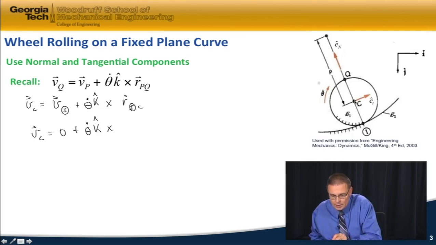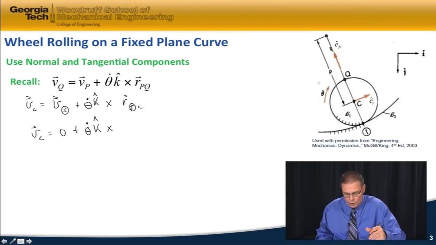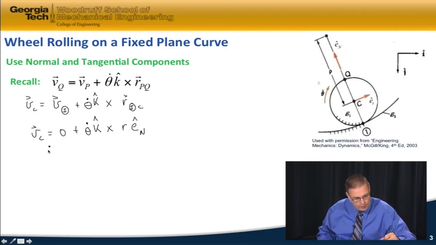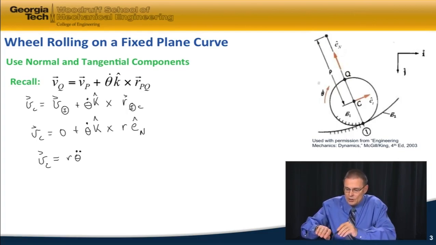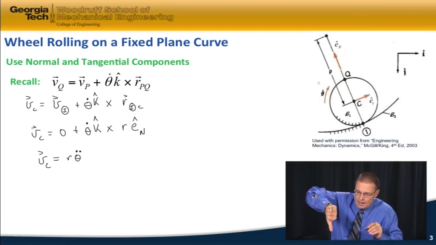So going from I to c, we're going a distance of little r in the e normal direction. So this is little r in the e normal direction. And so I've got v of c equal to, magnitude is going to be r theta dot. Let's find the direction now. Using the right-hand rule, from my ij coordinate system, again, I've got k pointed into the board.